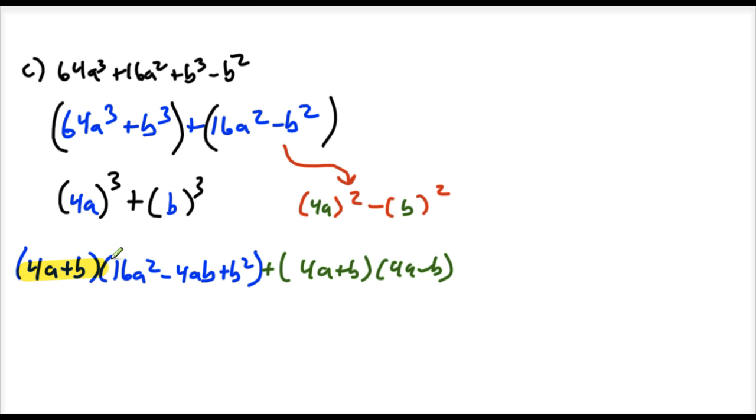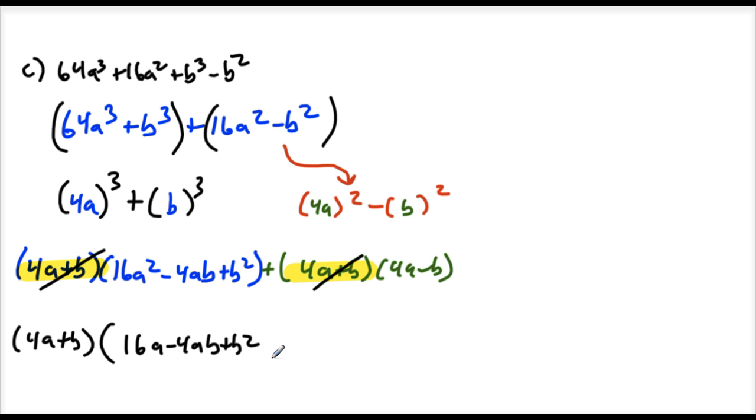So what we can do now is check this out. Notice that each term has a 4a plus b in common. So let's go ahead and factor that out. I'm going to factor out a 4a plus b, and what do we have left? Well, I have my 16a squared minus 4ab plus b squared, right? Because those are gone. So I have this plus, and then I have this one right here, 4a minus b.